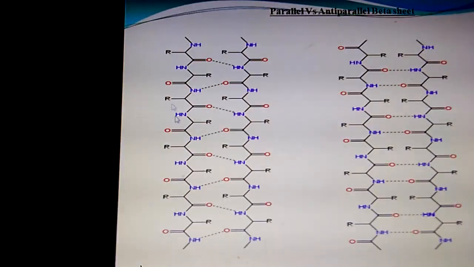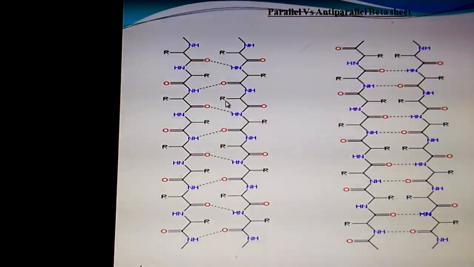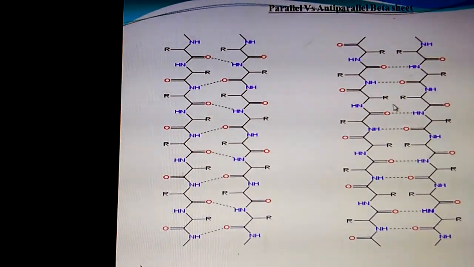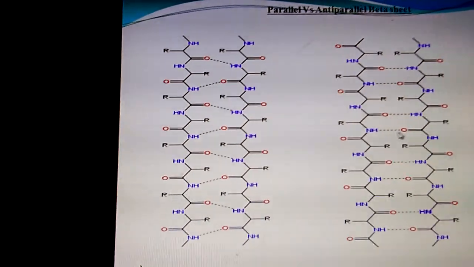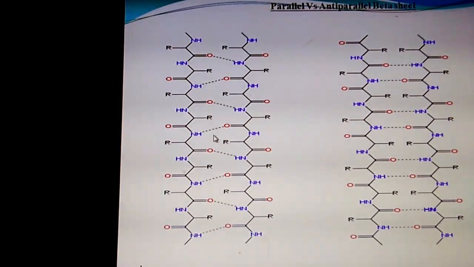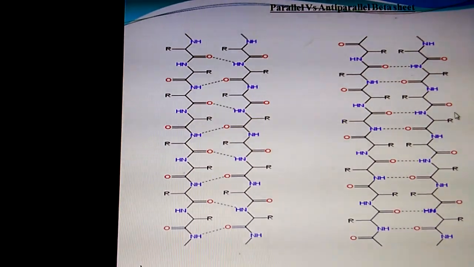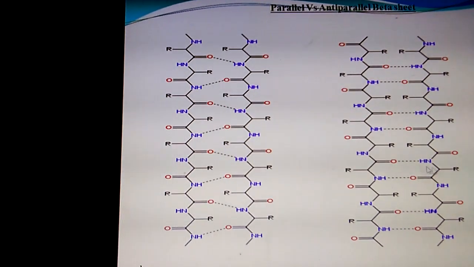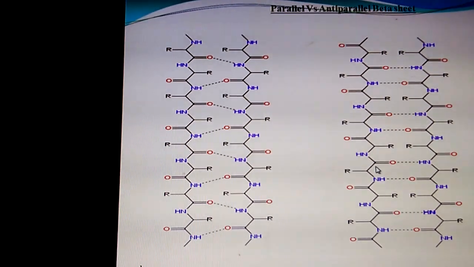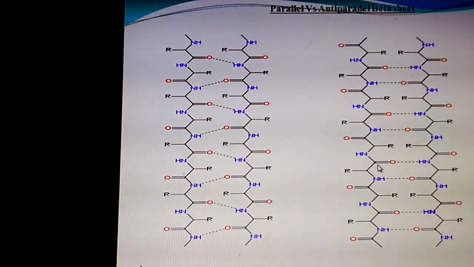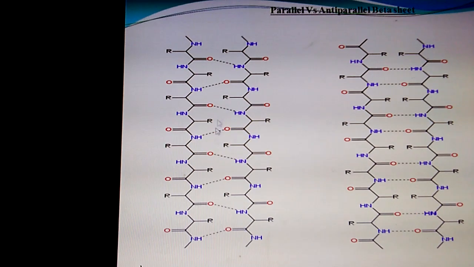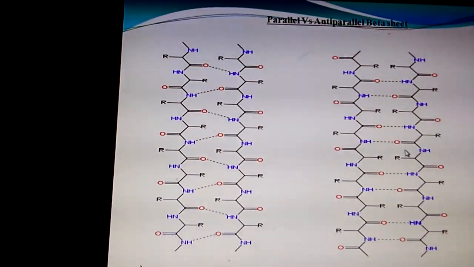That is why parallel beta pleated sheets are much weaker than anti-parallel beta pleated sheets. In a parallel beta pleated sheet, the consecutive hydrogen bonds are slanted to each other across the long axis of the strand. In an anti-parallel beta pleated sheet, the consecutive hydrogen bonds are alternately closer to each other and are approximately parallel to each other and perpendicular to the axis of the backbone. The slanting distortion of hydrogen bonds makes parallel beta sheets less stable than anti-parallel beta pleated sheets.